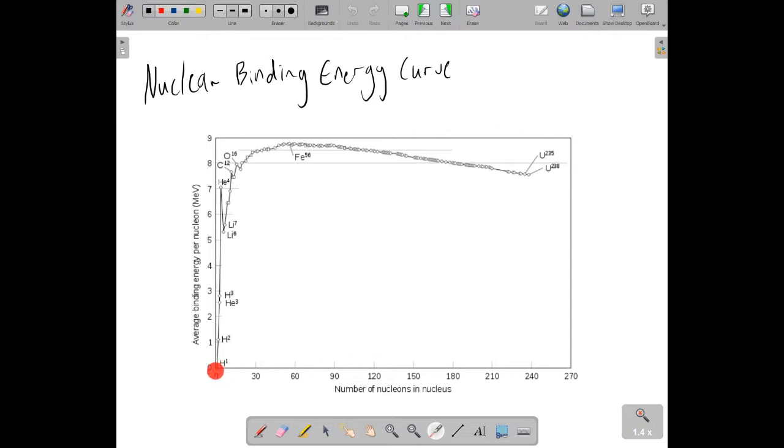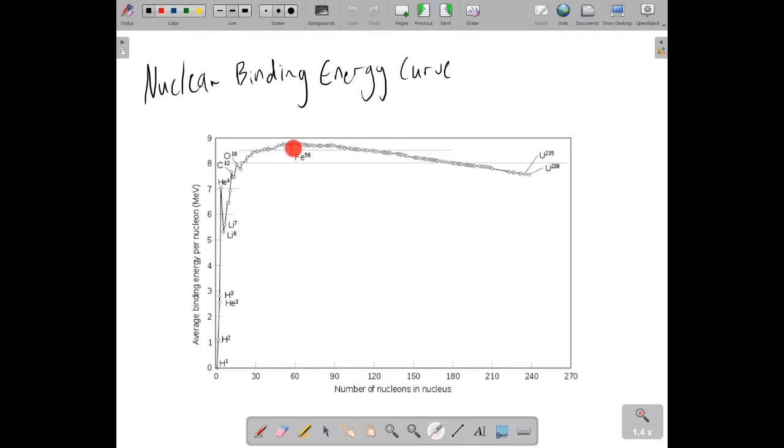So this is the starting point for any protons and neutrons. And then as you combine them, initially energy is released as the nucleus becomes more and more stable.